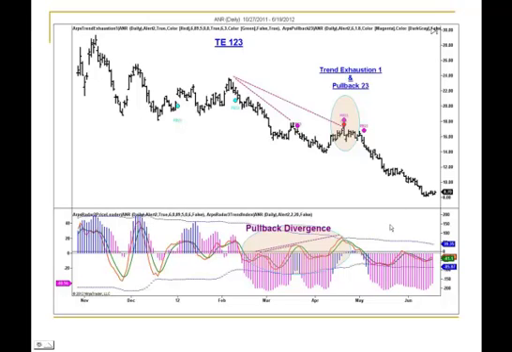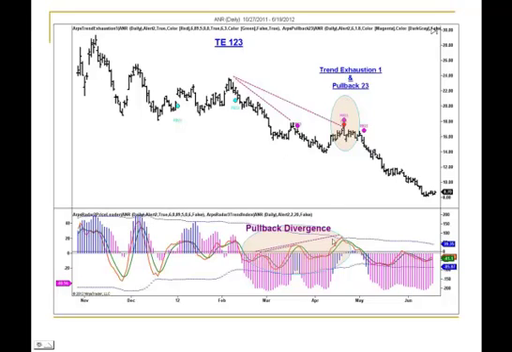It's a pullback divergence. So when you see an overbought signal combined with a pullback 23, it will almost always be identifying a pullback divergence at the same time. And so this is a really good entry opportunity for a pullback 123 is what I call that.